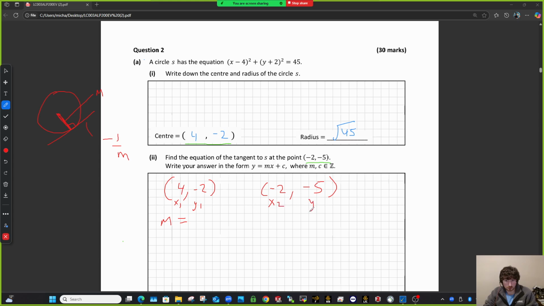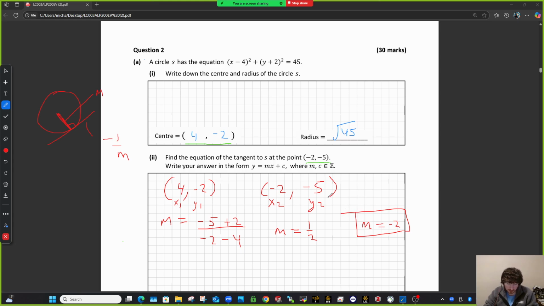M is minus 5 plus 2 over minus 2 minus 4. So that's a minus 3 on top and a minus 6 on the bottom. So that works out as a half. So then the slope of the tangent's line is minus 2. That's the actual slope we want.